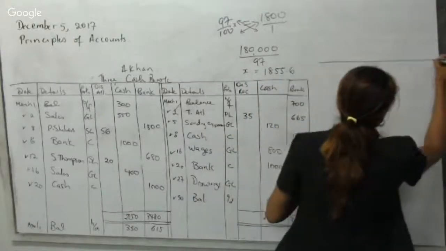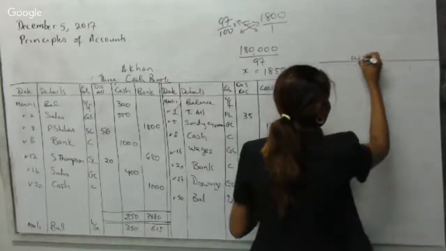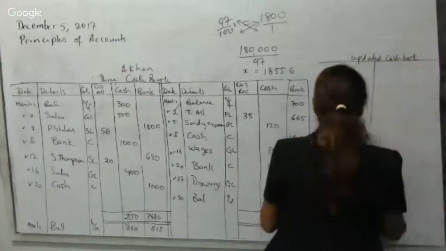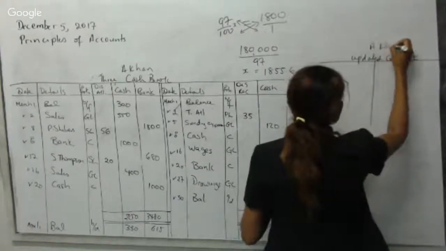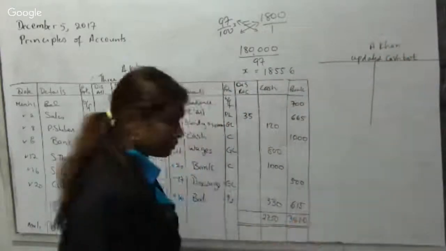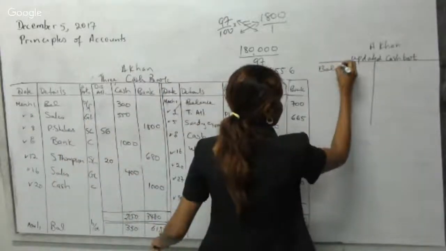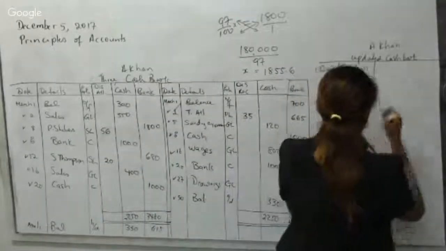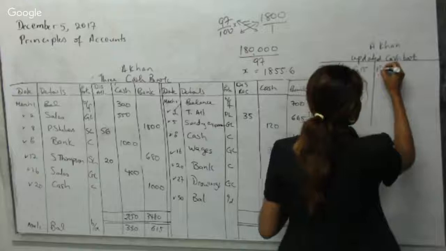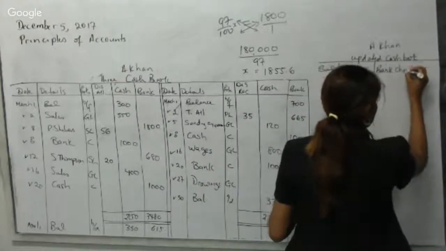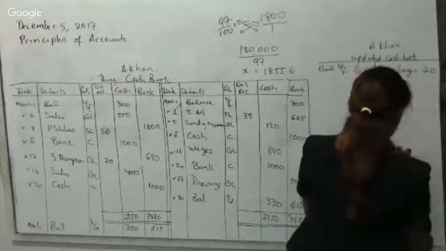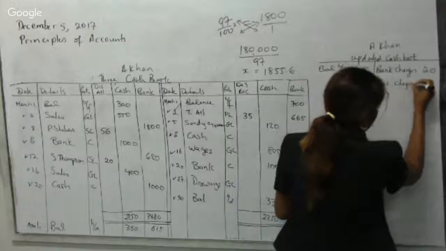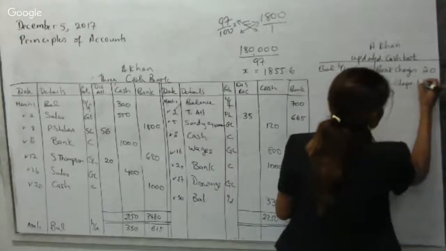All right, so let's do it right here. We're going to start with our balance of 615. Tell me again, the standing order was the first one, or the bank charge? Bank charge is for 20. Then the other one is on a check, 1,008.